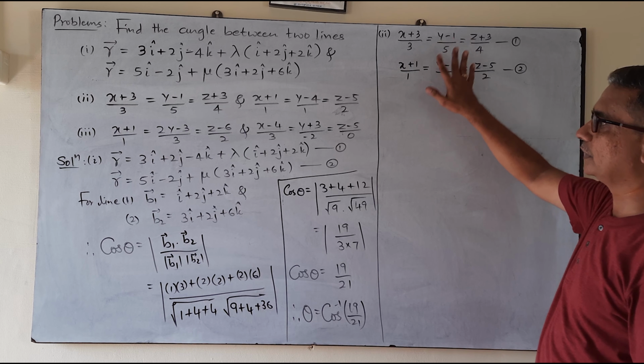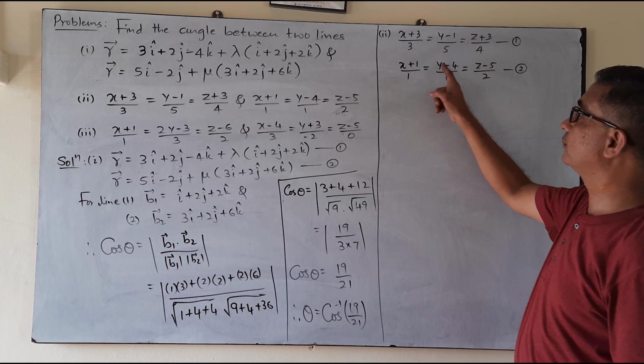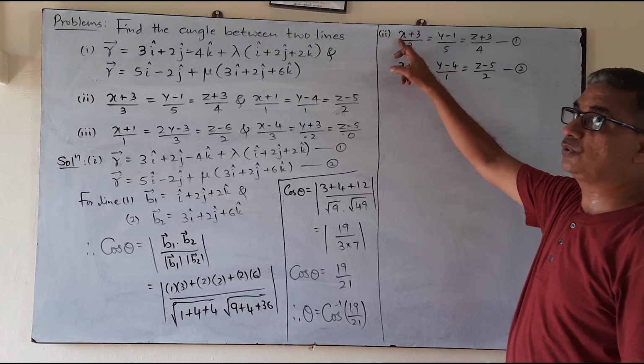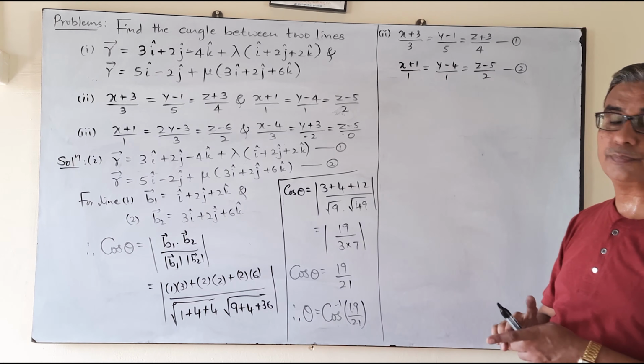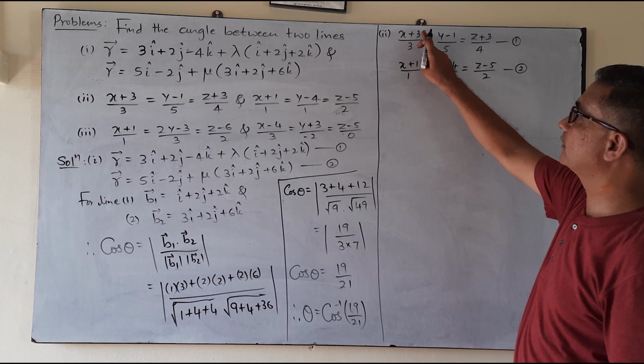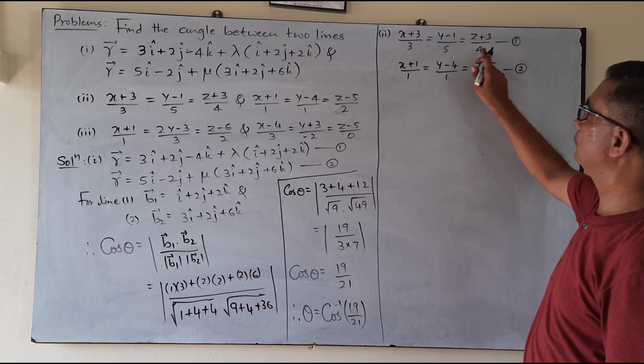Both are in Cartesian form. Remember, the coefficient of x, y, z should always be 1. If it is more than 1, you have to convert it to standard form. But here both are in standard form, in the form x minus x1 by a1, y minus y1 by b1, z minus z1 by c1.